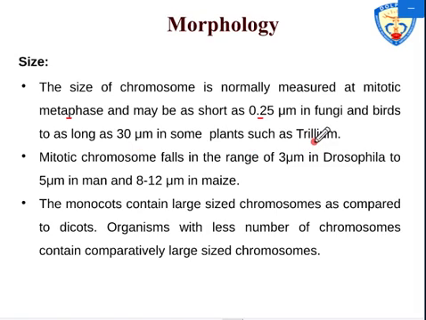The mitotic chromosomes fall in the range of 3 micrometers in Drosophila melanogaster, that is fruit fly, to 5 micrometers in man and 8 to 12 micrometers in maize or corn. In general, monocots contain large sized chromosomes as compared to dicots, and also organisms with less number of chromosomes contain comparatively large sized chromosomes.